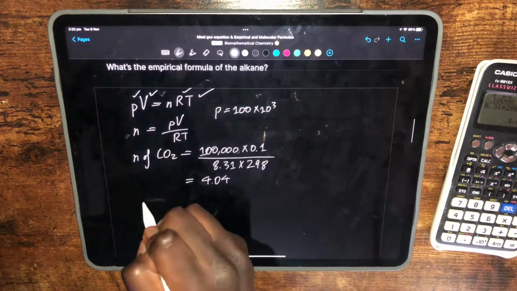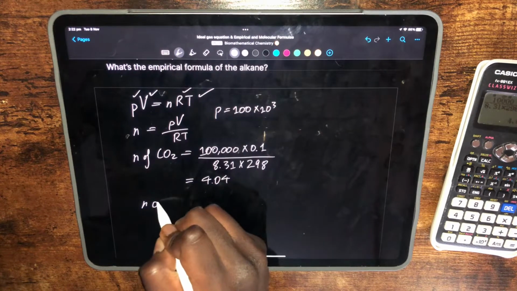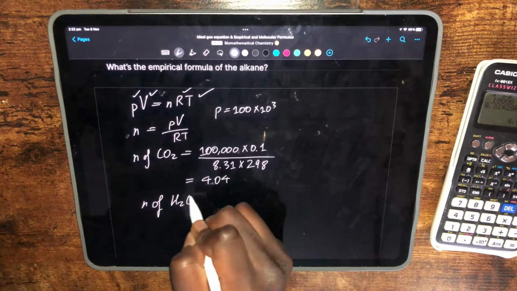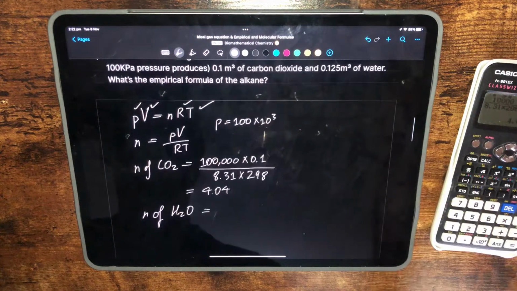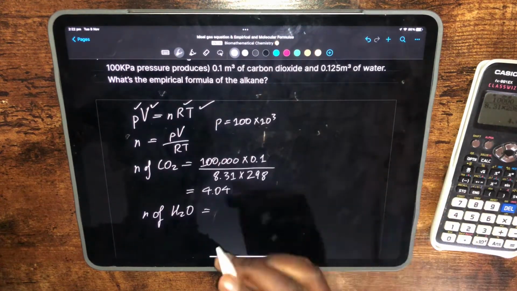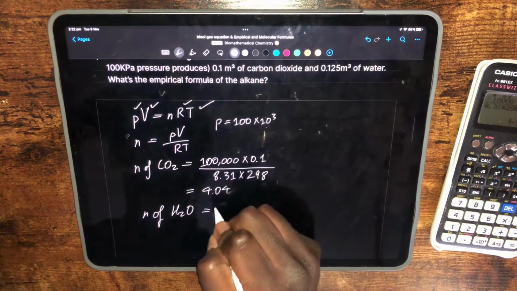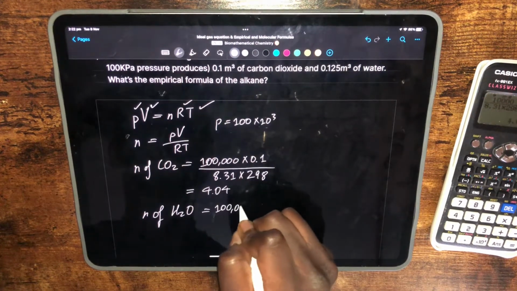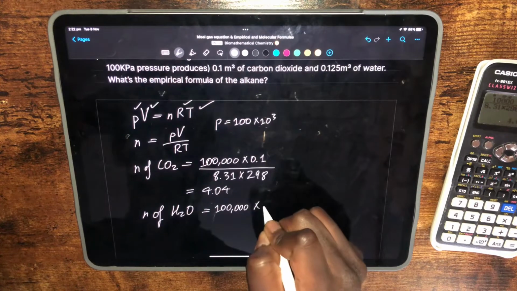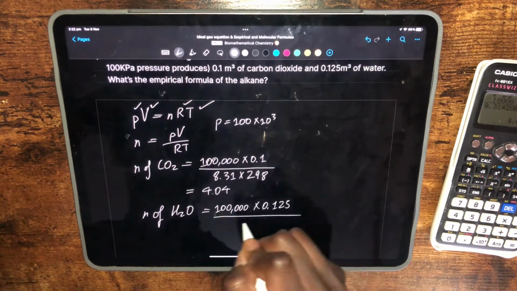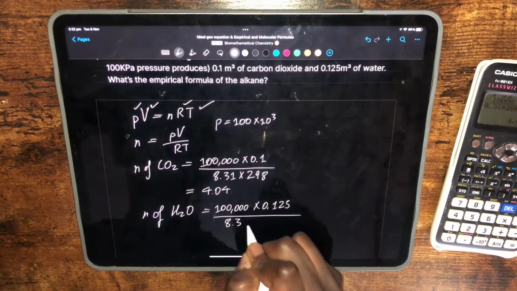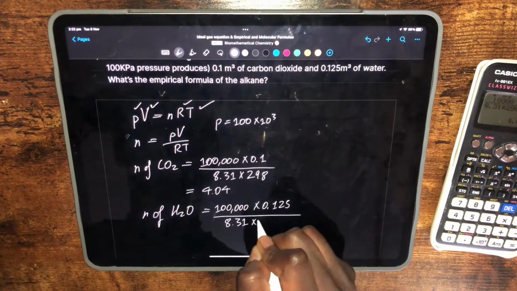The moles of H2O would be, by the way, when you're doing this question, you do it much faster than the way I'm doing it. I'm just trying to explain every single part here. But it's the same thing really. It's 100,000 times 0.125, that's the only difference, all over 8.31 multiplied by 298.